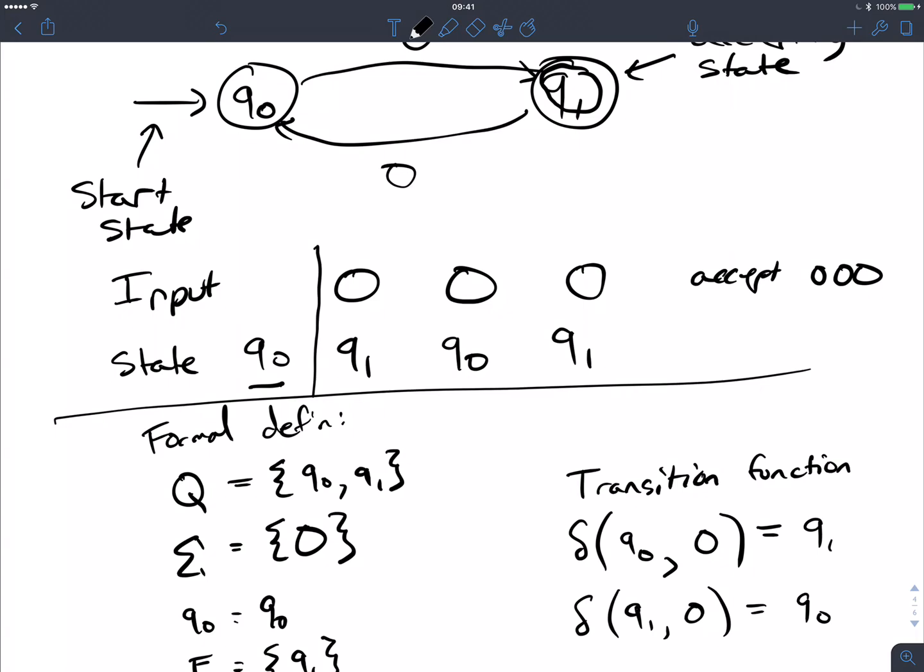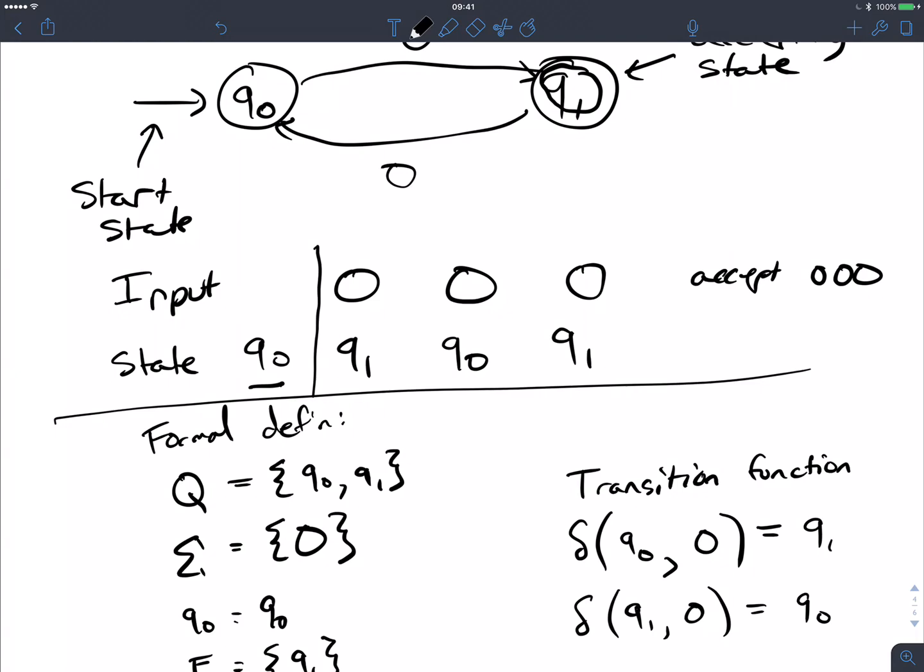We haven't read anything; we visited 1 state. I read 1 character. How many states have I seen? 2 in total. Read 1 more character, so now 2 characters. How many states have I seen? 3. If I've read n characters, how many states have I seen? n plus 1.